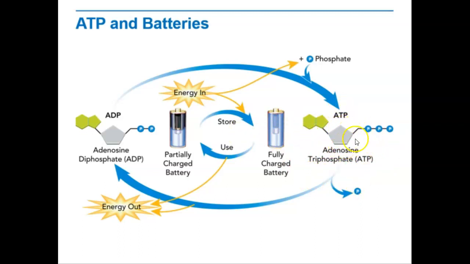We're going to use some energy. So we're going to break off a phosphate that's going to release a large amount of energy, okay? And it will leave us with ADP. Then we can use energy that comes in and store that by attaching another phosphate with that energy.